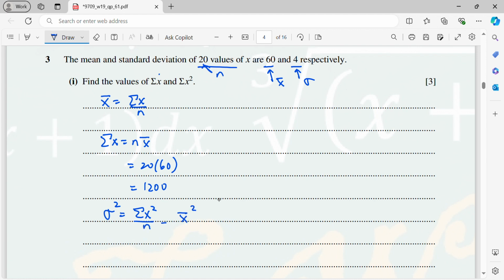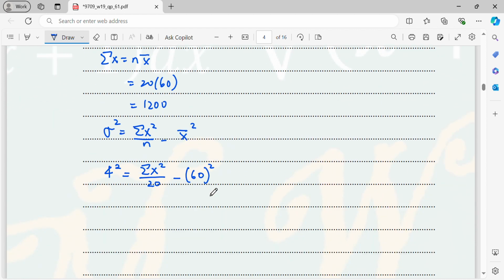Just replace the values: 4 squared equals summation x squared, which is unknown, over n, which is 20, minus the mean 60 squared. Move negative 60 squared to the other side, so summation x squared over 20 equals 4 squared plus 60 squared.